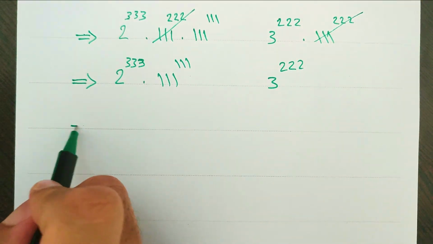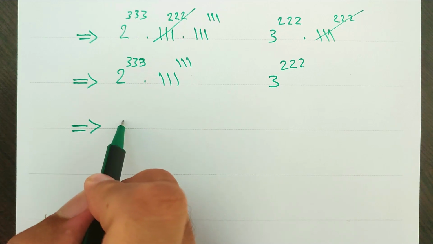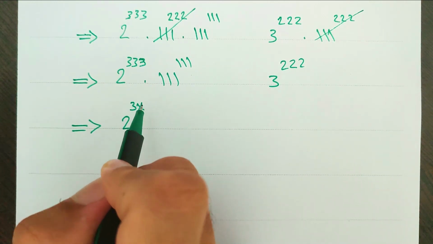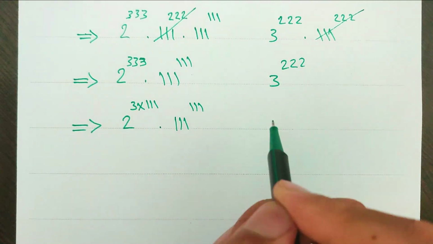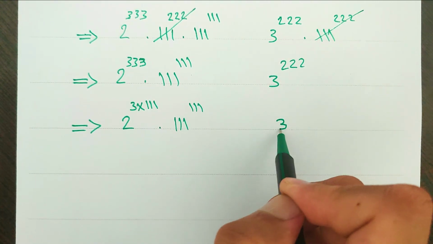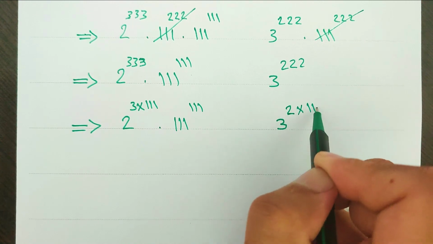Next, we rewrite them as 2 to the power of 3 times 111 times 111 to the power of 111 for the left side, and 3 to the power of 2 times 111 for the right side.